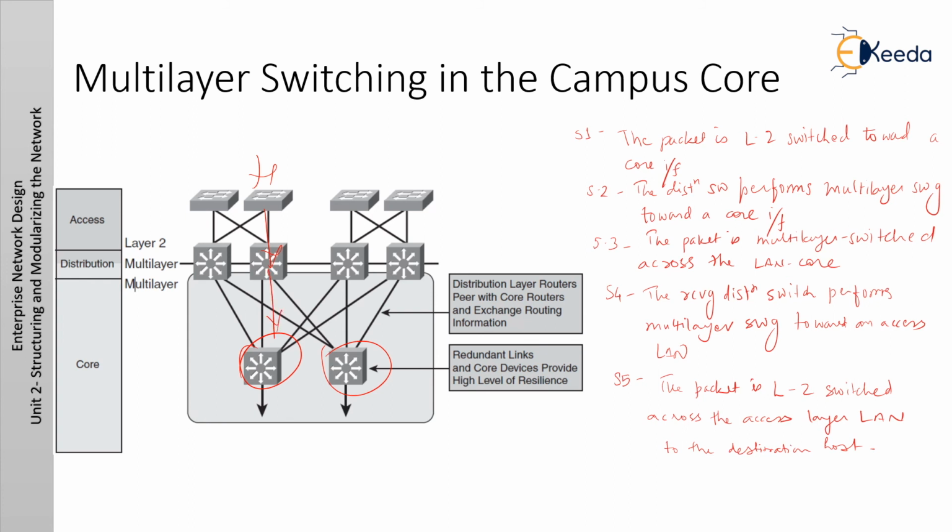Then the packet is multi-layer switched across the LAN core, and then the receiving distribution switch performs multi-layer switching towards an access LAN, and the packet is layer 2 switched across the access layer LAN to the destination host. So this is the way we can perform multi-layer switching in the campus core.